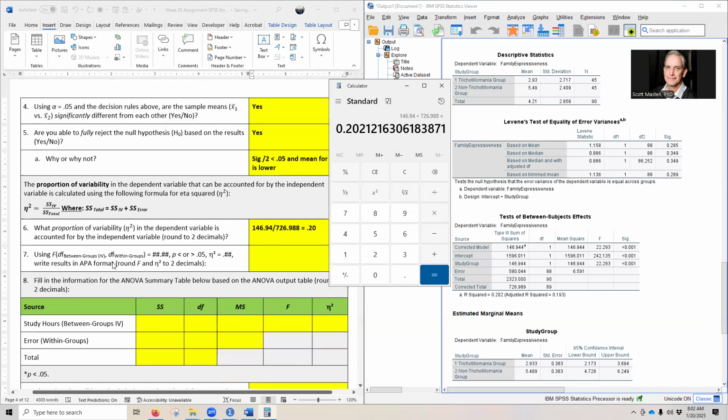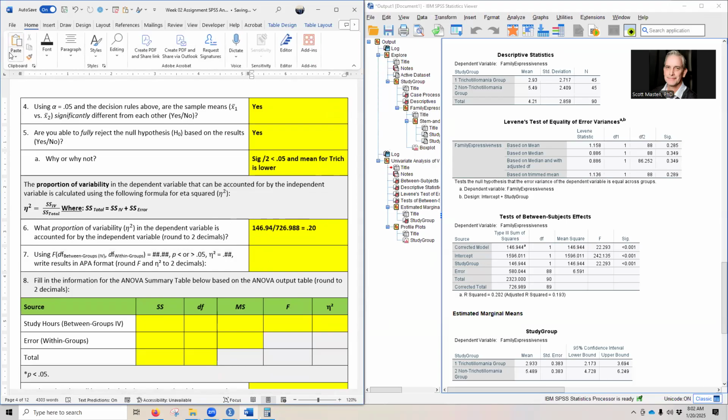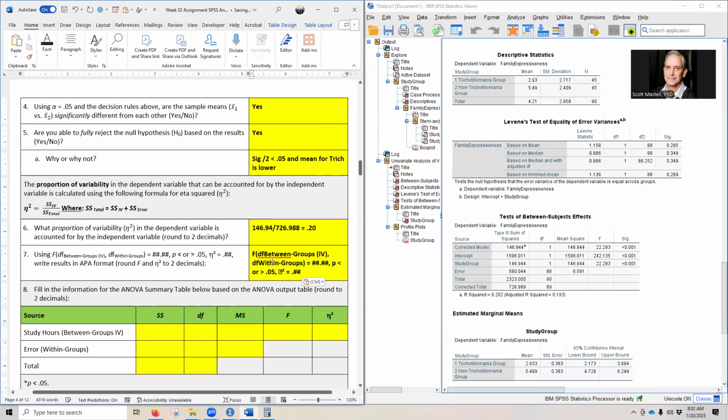Next question. We've got to put the results of that ANCOVA in APA format. I'm going to cheat a little bit and copy this over and just fill stuff in. So I will paste that in there. We need our degrees of freedom between.